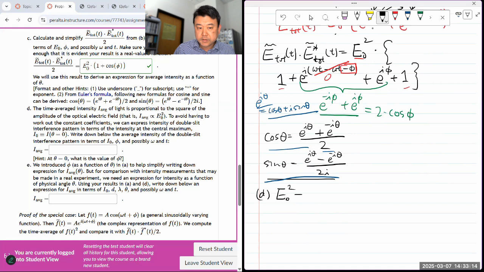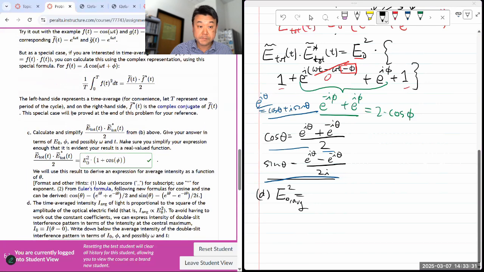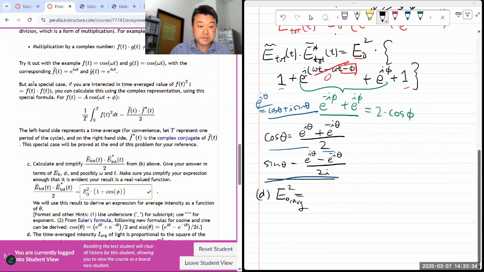E naught squared average is equal to what we have here, because that's really the statement being made in part B about the theorem. So as a special case, if you're interested in the time average value while dealing with the oscillating electric field, you can calculate it using the complex exponential representation, the right hand side, without actually doing any integral.